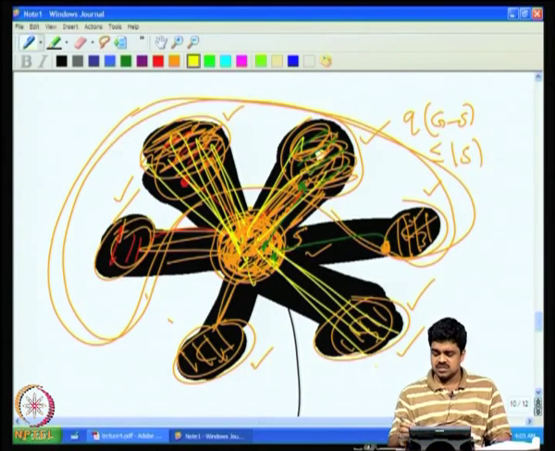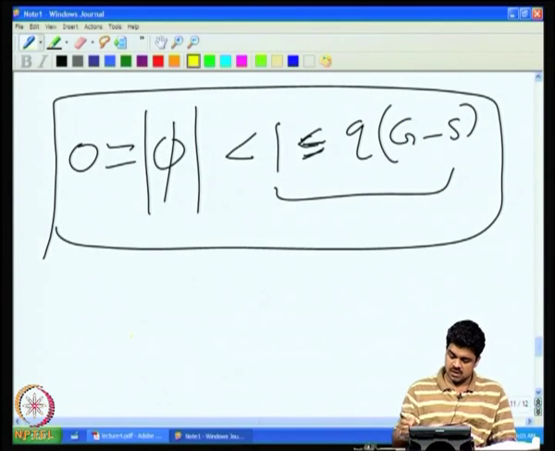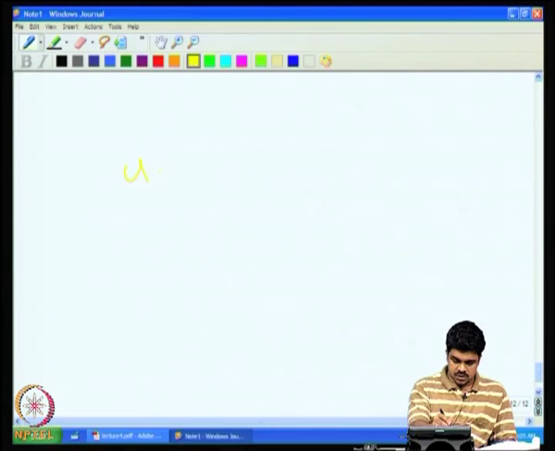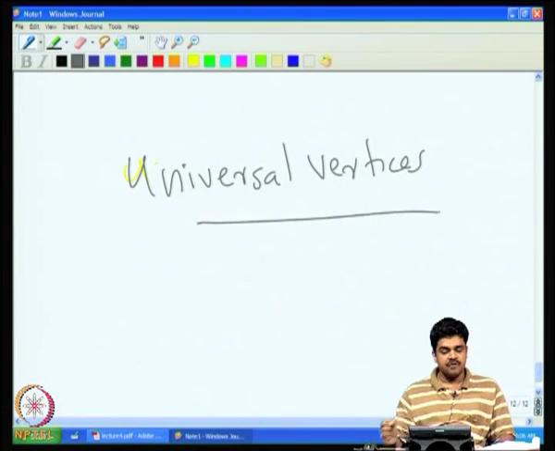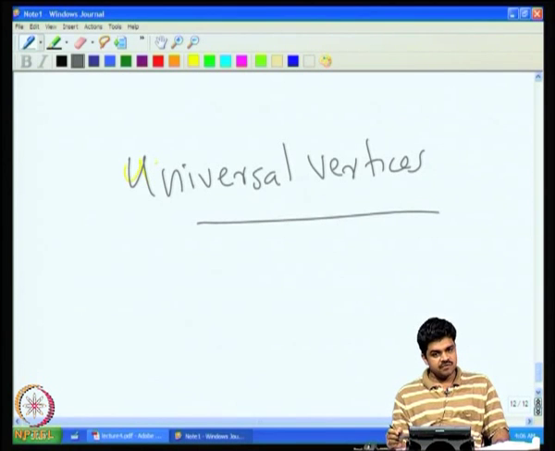Such vertices are usually called universal vertices. A vertex which is adjacent to every other vertex in the graph is a universal vertex.